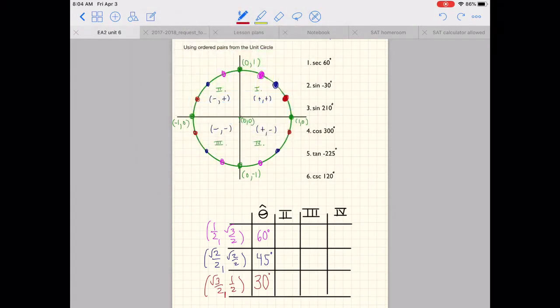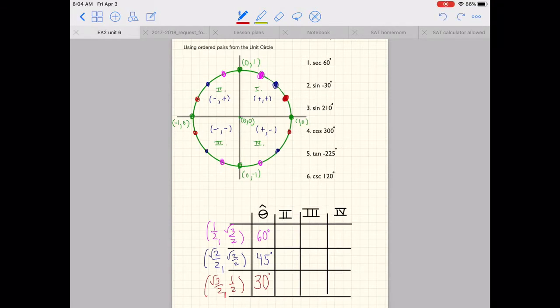So the other thing that you have to worry about is the other quadrants. Remember, in quadrant 2, you're always looking to reference off the x-axis, so it's always 180 minus that angle.